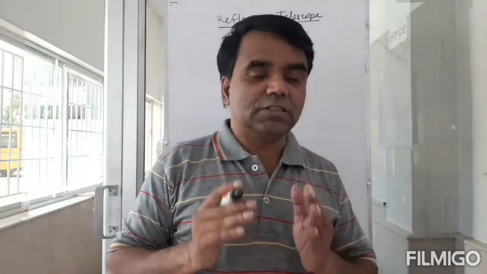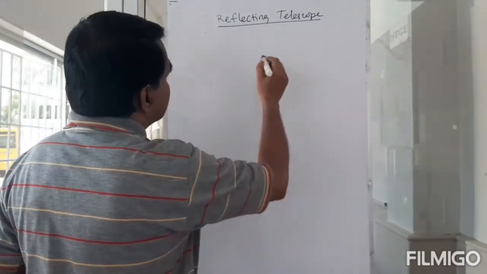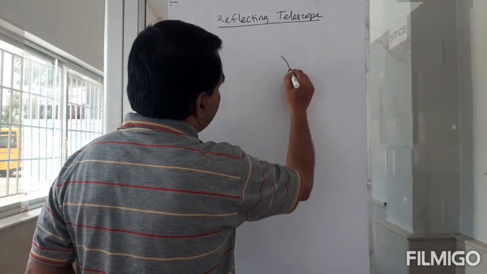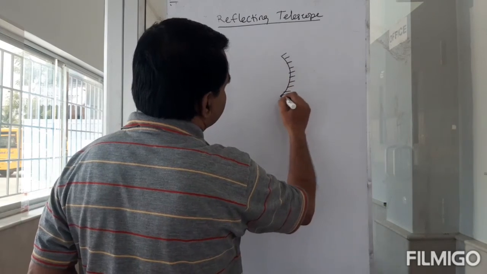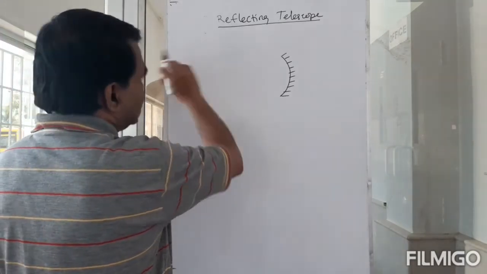We know that a convex lens and a concave mirror behave pretty much the same way. So instead of using a convex lens, I can use a concave mirror. So I have this concave mirror. And clearly, there would be parallel rays.